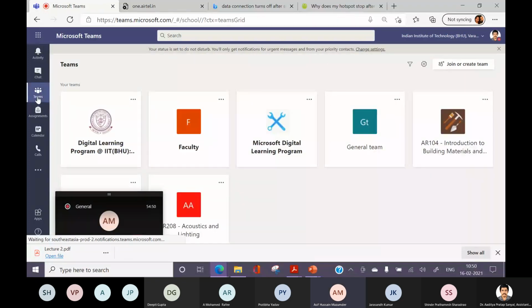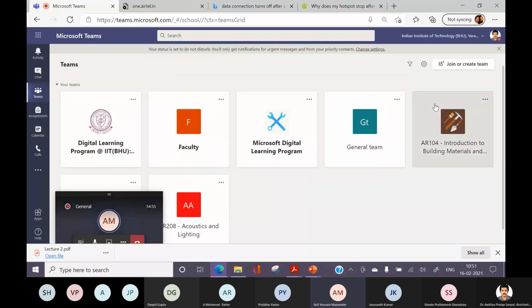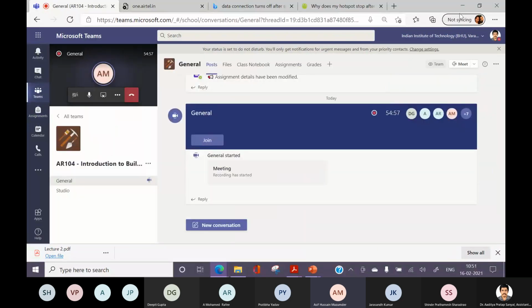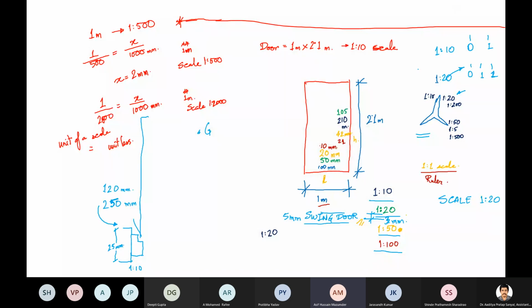So before using the triangular scale, first we have to make the diagram in a particular 1:10 scale. Then we have to compare it and draw it on the sheet. Not that way. Anyone can tell me how do you draw it at a scale of 1:20?